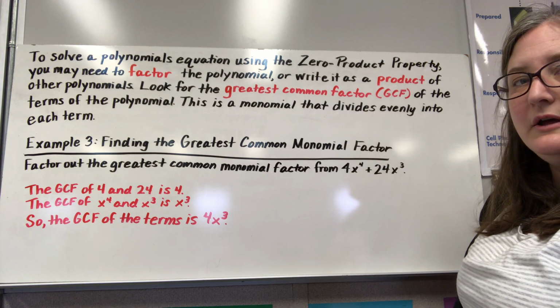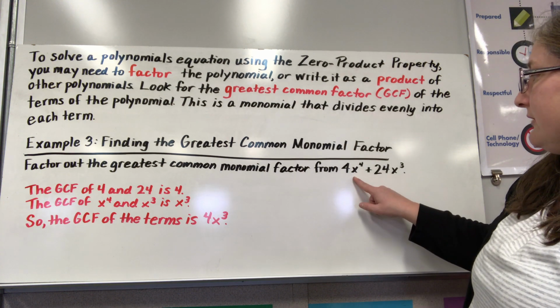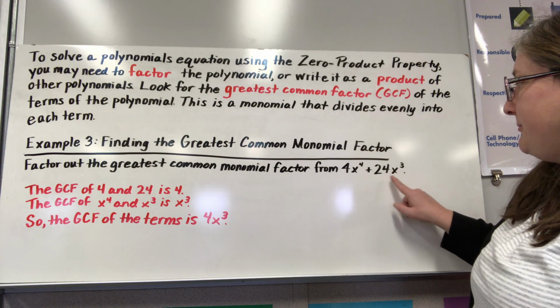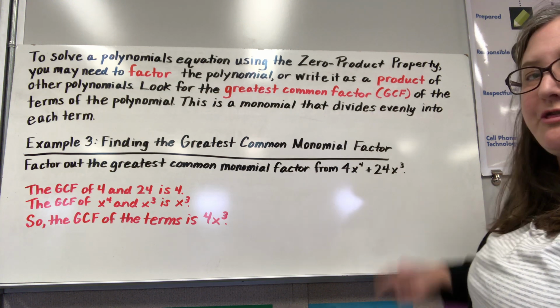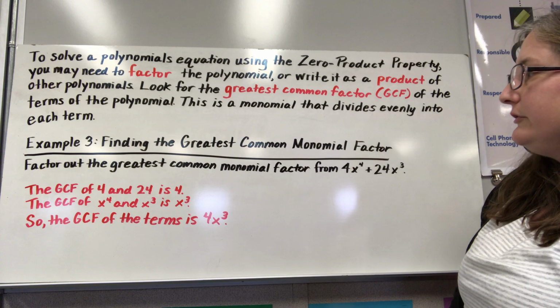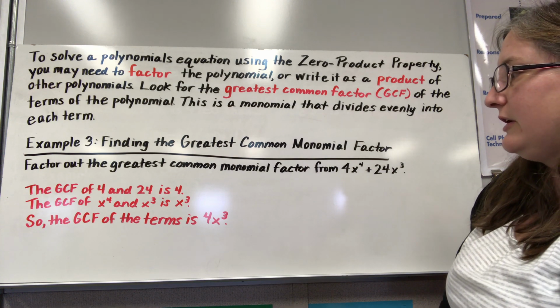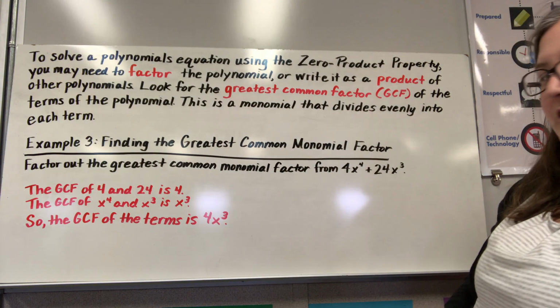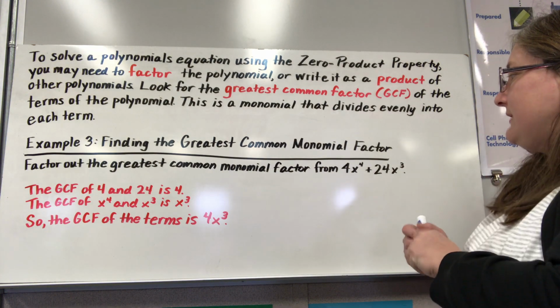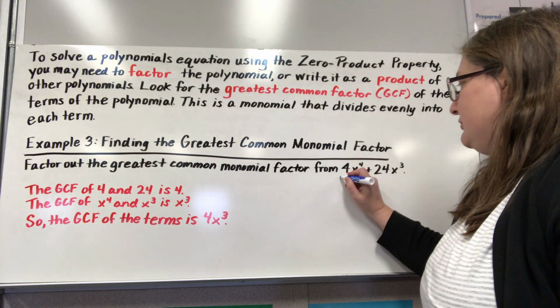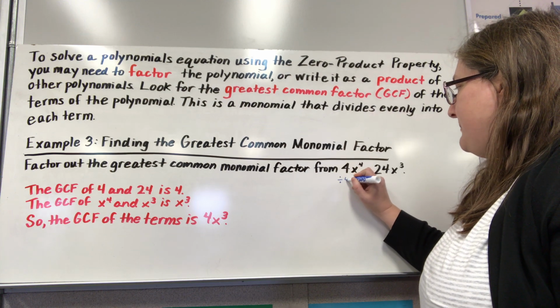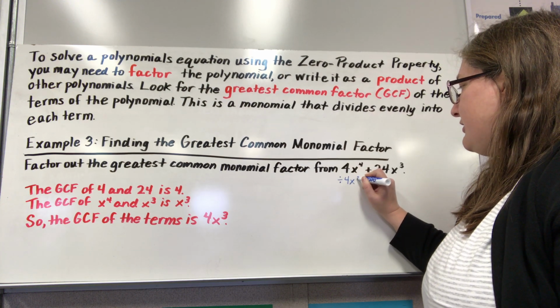If I look at my variable terms, x to the 4th and x to the 3rd, the biggest thing they share is x to the 3rd. So if I combine that, the GCF of the terms is 4x to the 3rd, which means I want to take both of these individual terms and divide them by 4x to the 3rd.